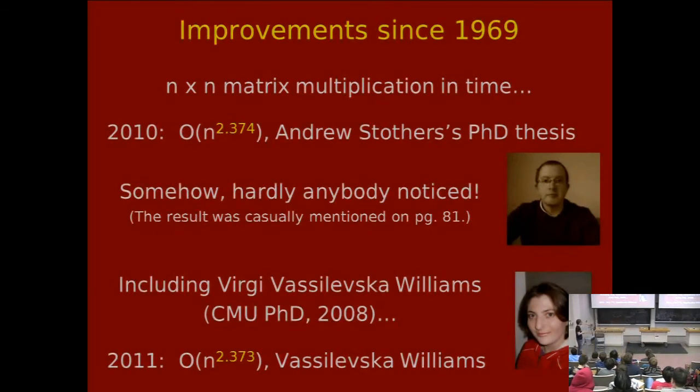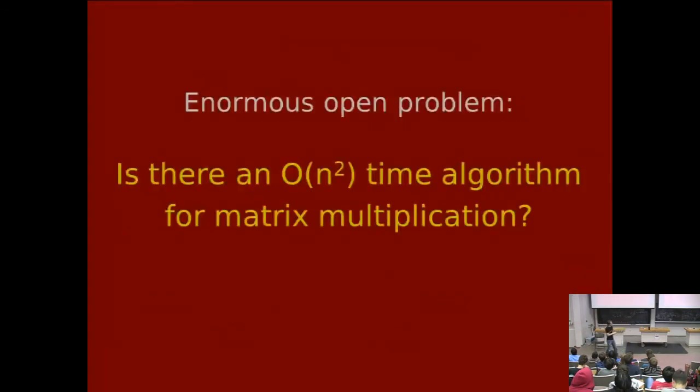So now, maybe there'll be more improvements, or maybe we'll get a million papers that include this as their running time. This is a very, very famous problem in algorithms. It's getting closer and closer to n squared. The dream, maybe, is that there's an O of n squared time algorithm for matrix multiplication.